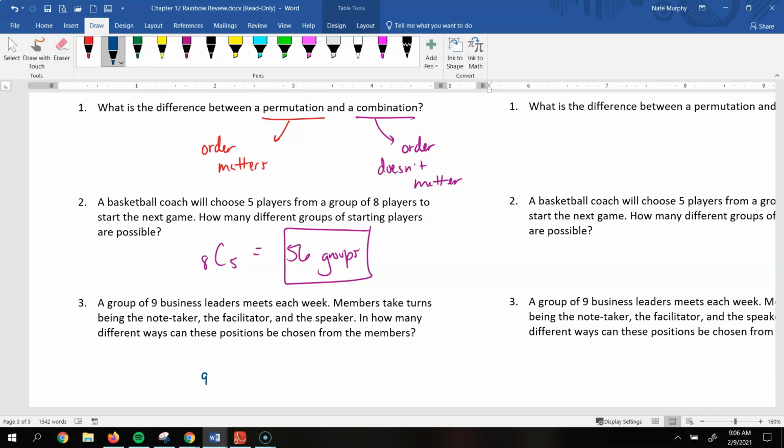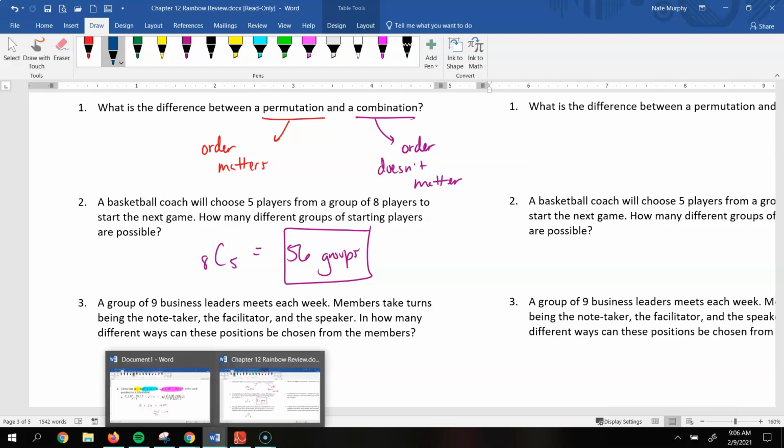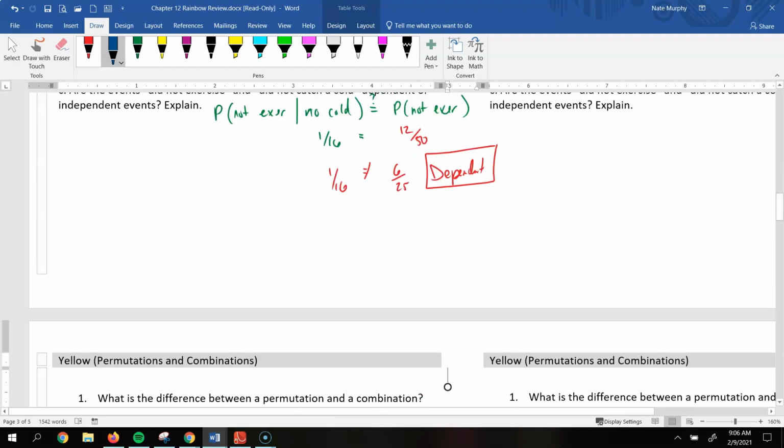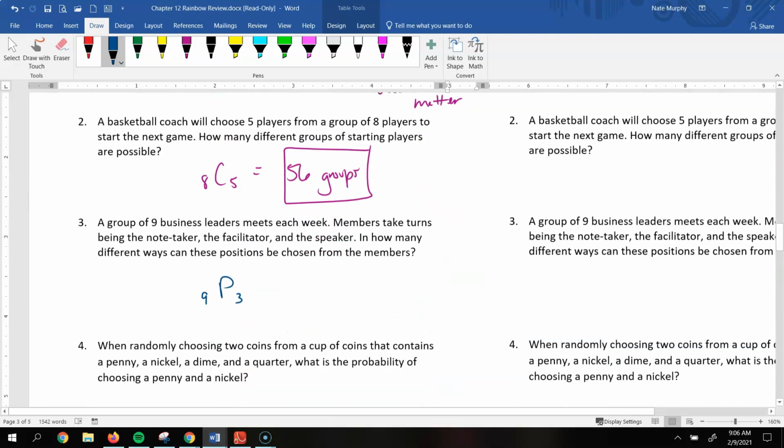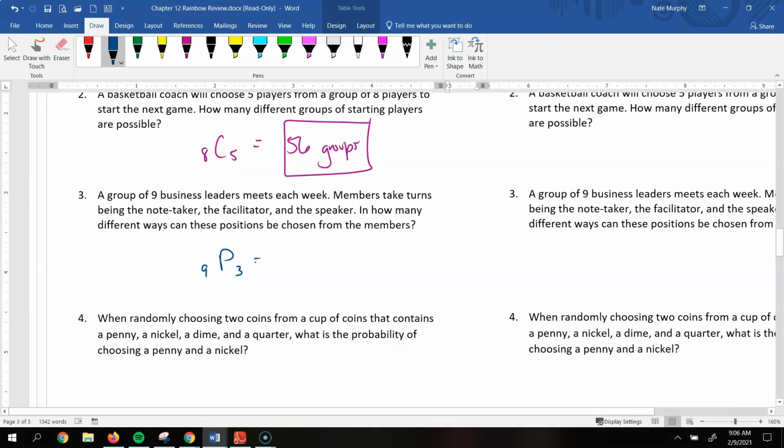Again, there's 9 business leaders, and we're going to be selecting 3 of them for these different tasks. It'll be 9 permutation 3, 9 items, selecting 3 of them. When you do that on your calculator, you end up getting 504 different ways that they can be selected. So 504 would be your answer.